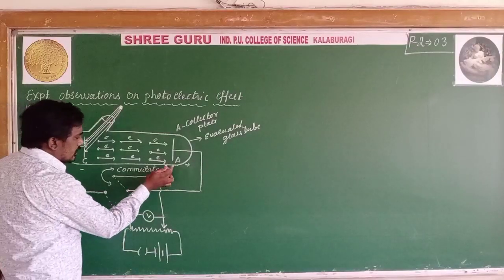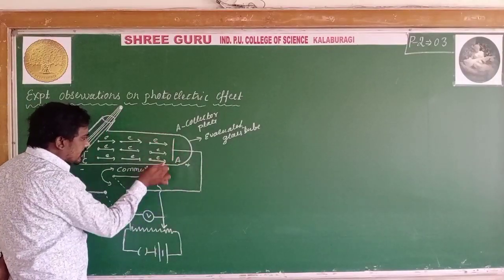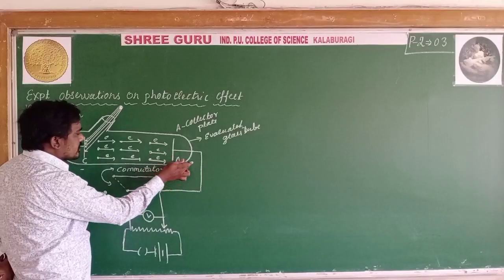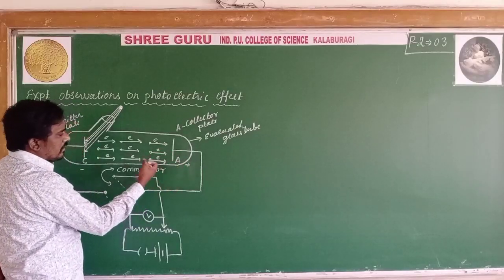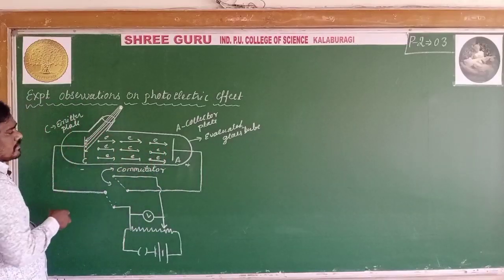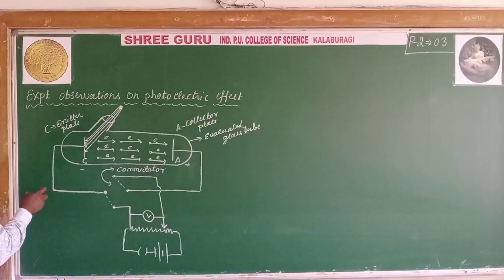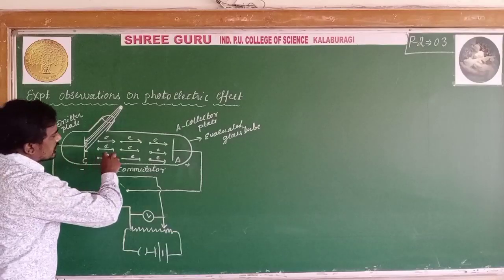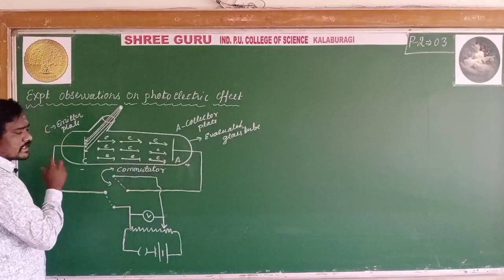That's why at the anode plate, the positively charged ions attract these electrons. Then only is the current flowing in this circuit.